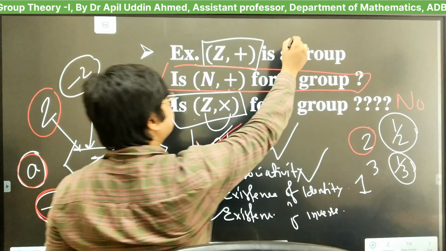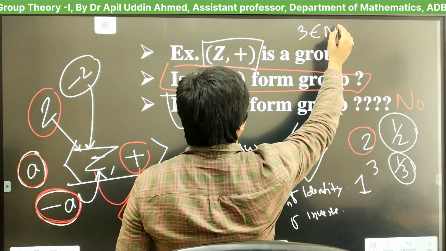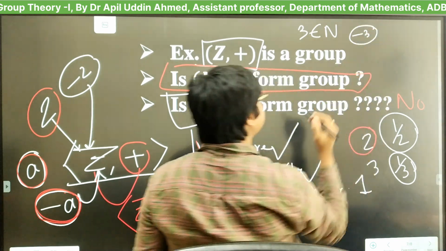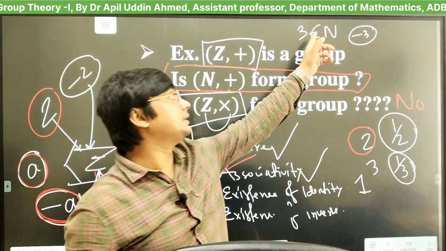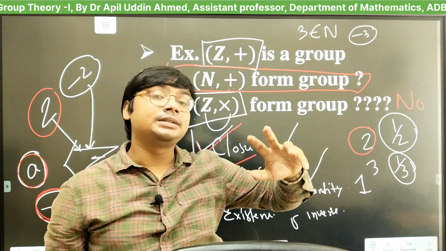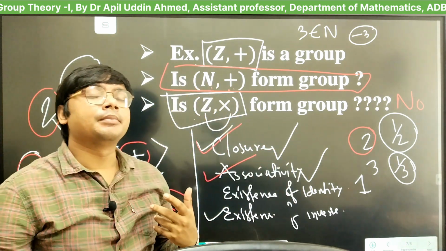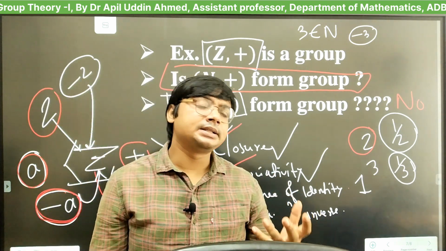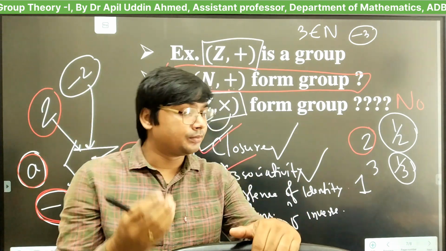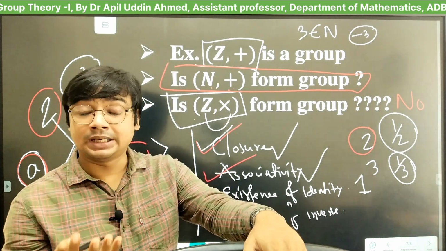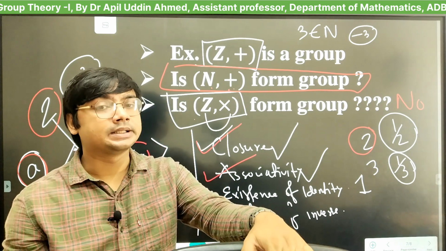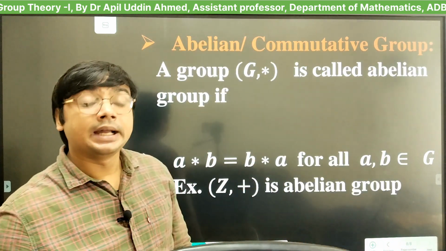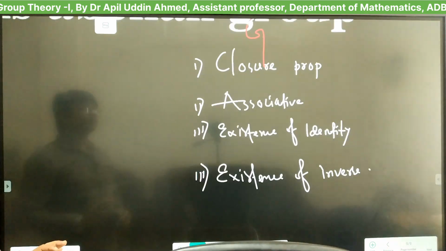Suppose 3 is in N, yes, but the inverse of 3 with respect to addition is minus 3, and minus 3 is not in N. That means the set of natural numbers is closed and associative, but it has no identity element and does not satisfy the existence of inverse property. So the set of natural numbers is not a group.